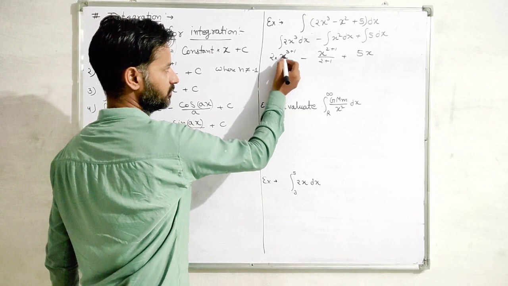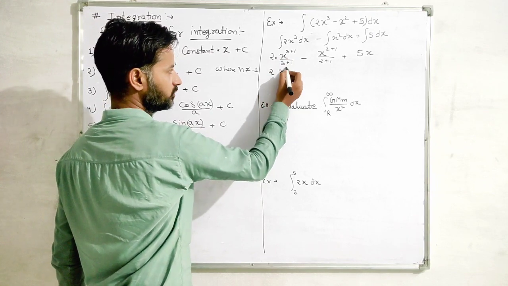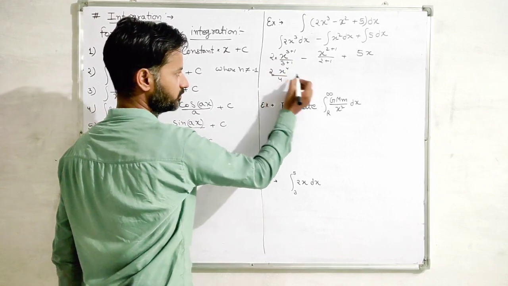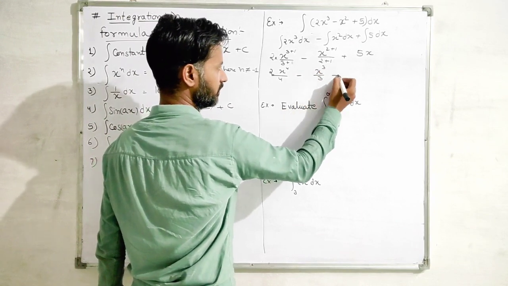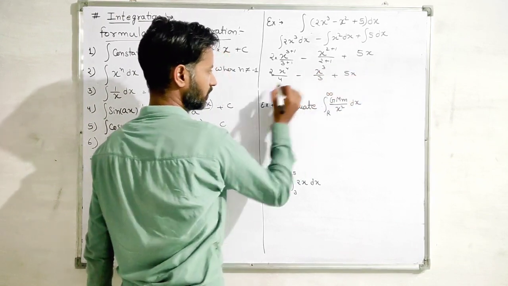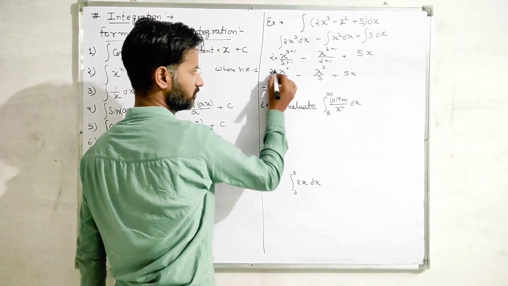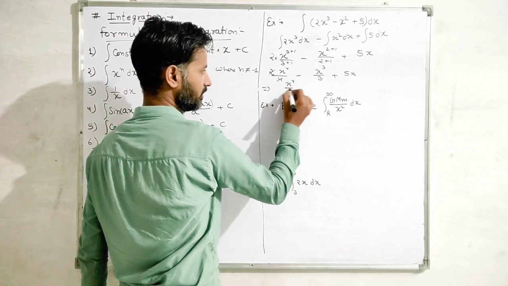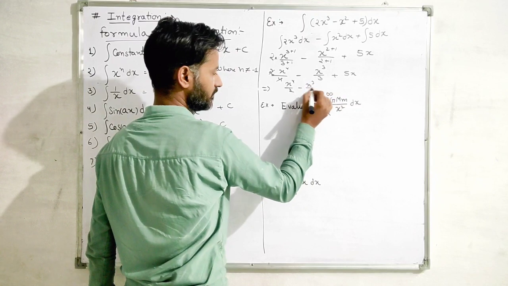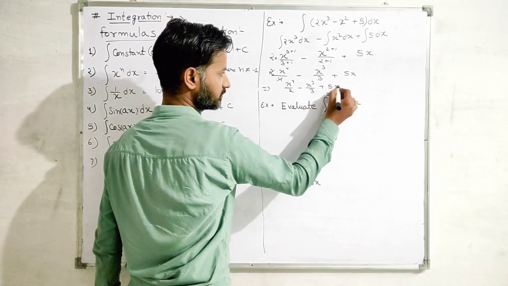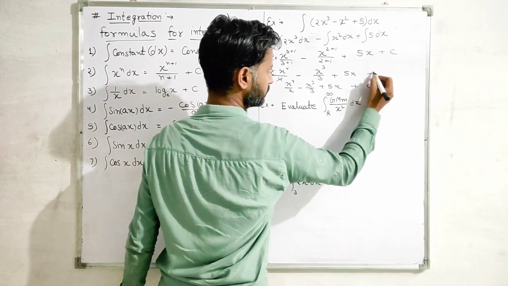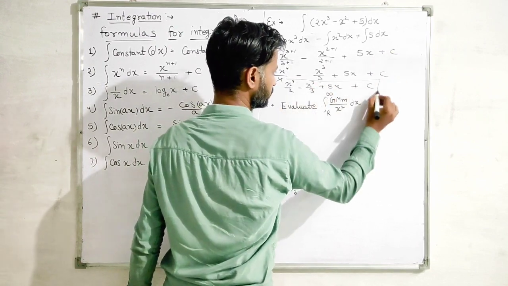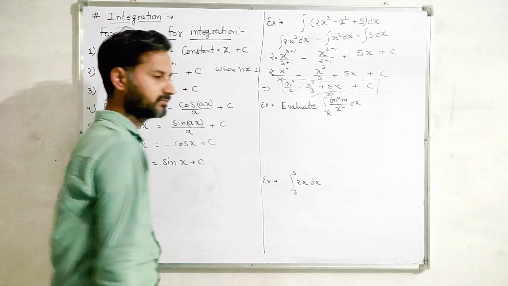Now this becomes 2x to the power 4 divided by 4 minus x to the power 3 divided by 3 plus 5x, or x to the power 4 divided by 2 minus x to the power 3 divided by 3 plus 5x plus integration constant c. So this is our result.